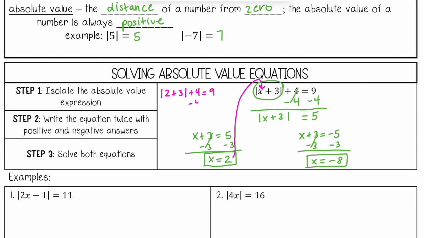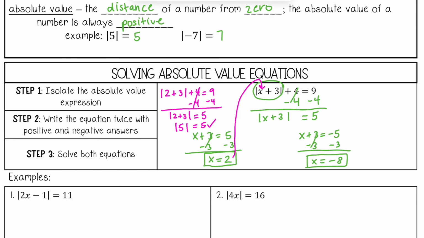And then I'm going to subtract the 4 from both sides. 4 minus 4 is 0 equals 5. Then I'm going to simplify inside the absolute value symbols. So 2 plus 3 is the absolute value of 5. And that is true. The absolute value of 5 is equal to 5.